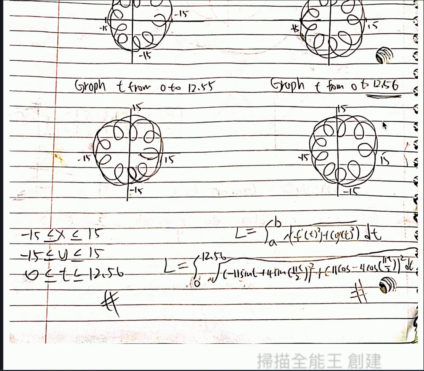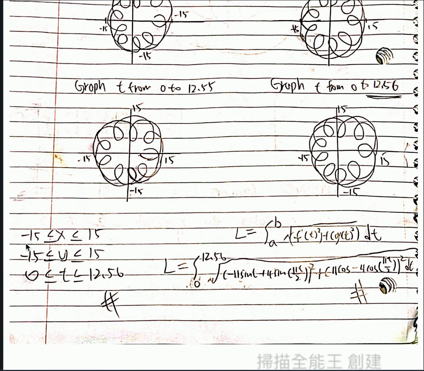From this graph, we can see the upper limit for x and y is 15, and the lower limit for x and y is negative 15. And t is 0 through 12.56.